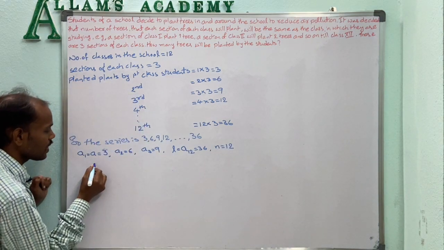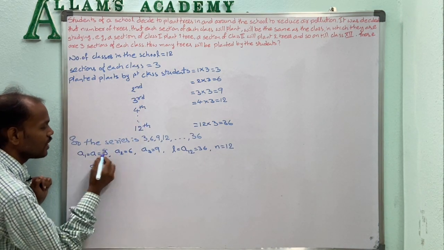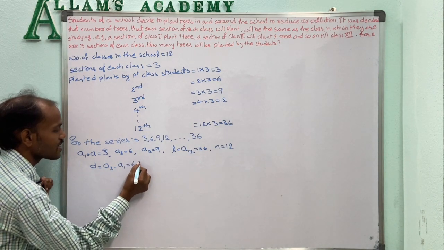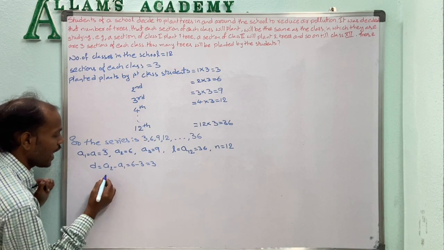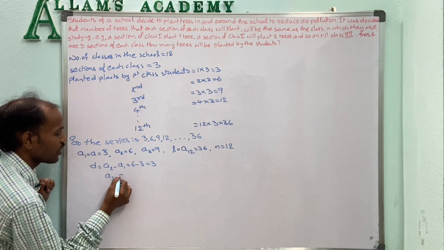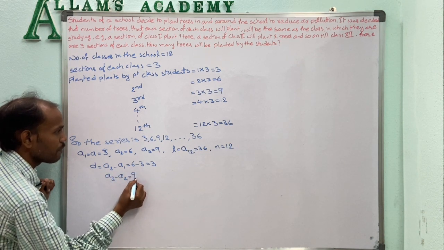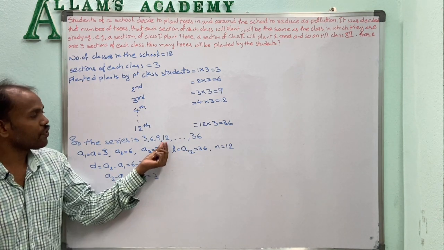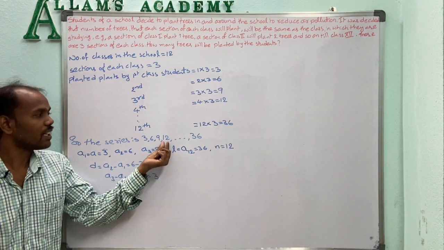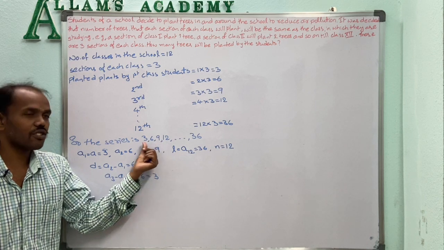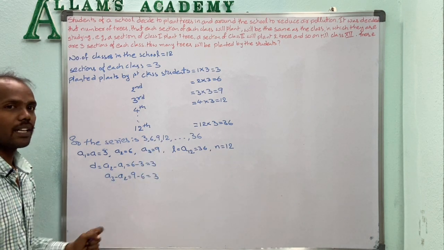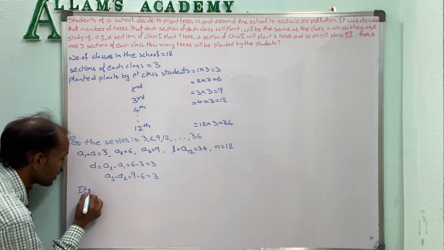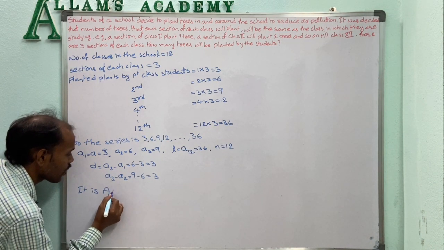Now we observe the common difference d is a2 minus a1, that equals 6 minus 3 is 3, and a3 minus a2, that is 9 minus 6, that is also 3. Now a4 minus a3, that is 12 minus 9, is also 3. So the common difference is the same.